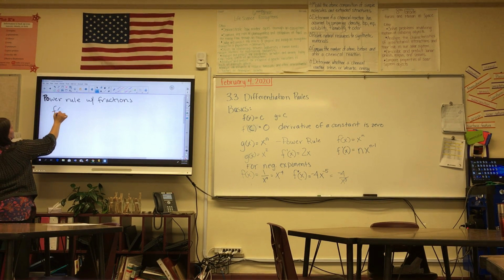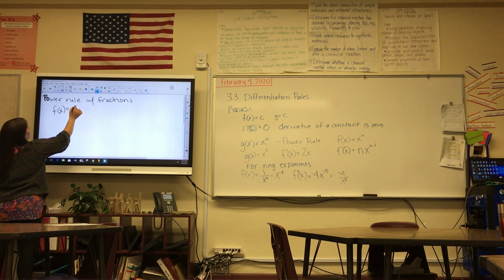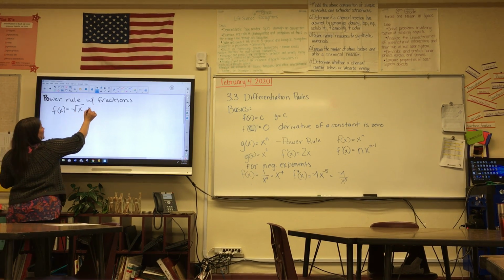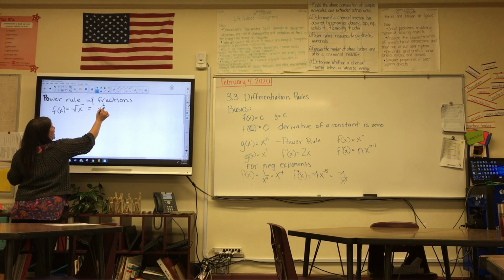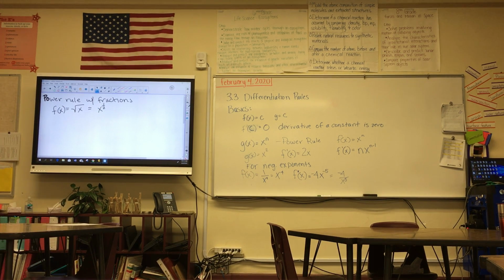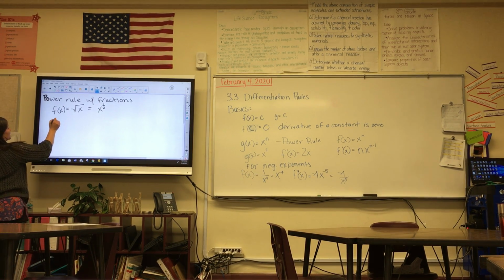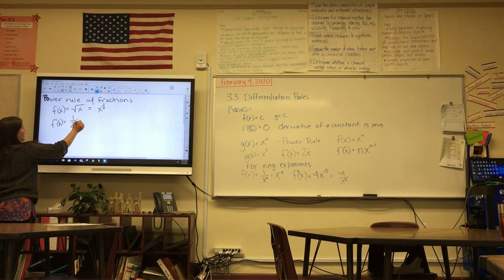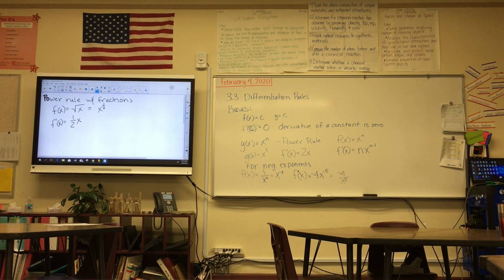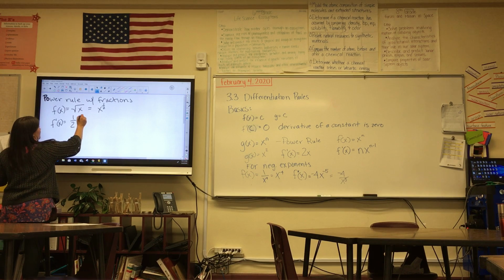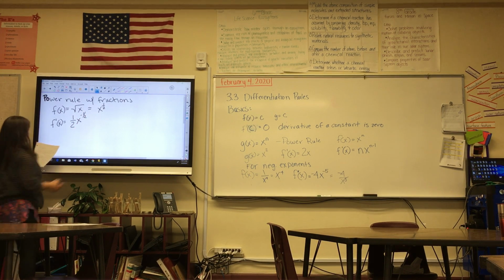If I have f of x equals the square root of x, that is x to the 1/2 power. So f prime of x, or the derivative, is 1/2 x to the 1/2 minus 1, which is x to the -1/2.